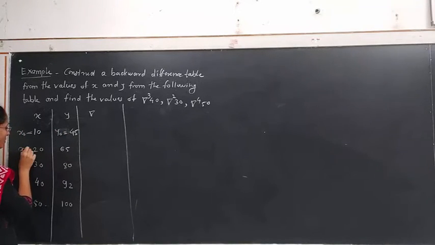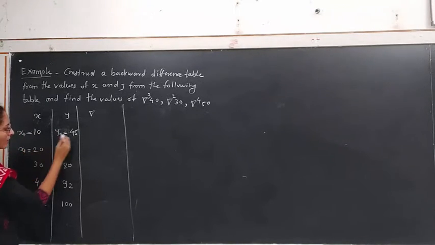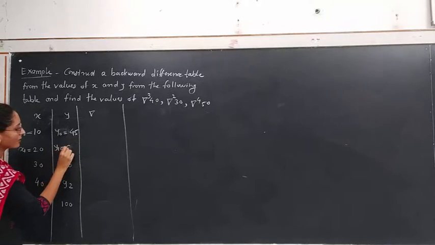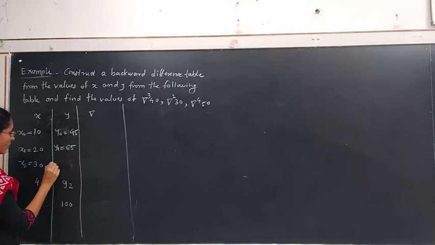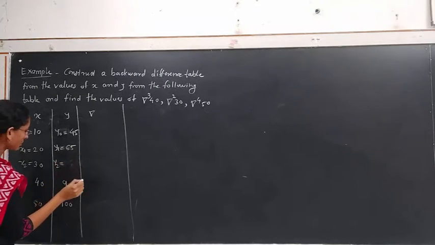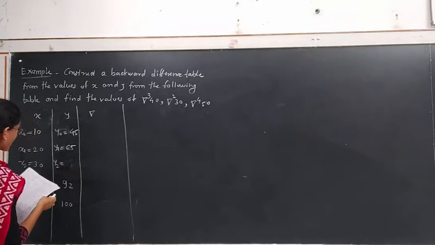The value corresponding to the next value of x, which is 20, is y1 equal to 65, x2 is equal to 30, corresponding value y2 is equal to 80.